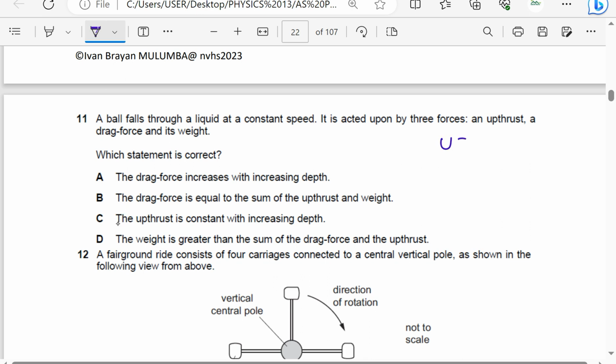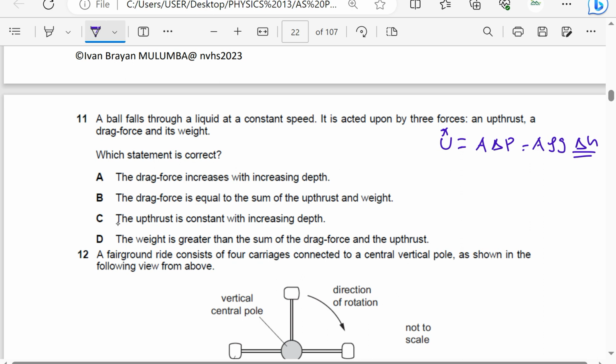And the upthrust is equal to cross-sectional area times difference in pressure, which is equal to cross-sectional area times density times g times difference in height, which is just the length of the object, or the difference between the top and the bottom. If it is fully submerged, the upthrust is also constant. So weight constant, upthrust constant.